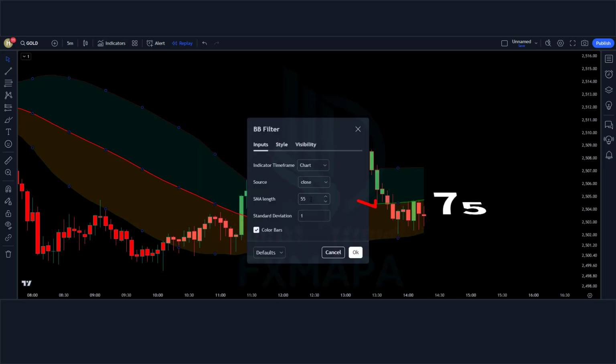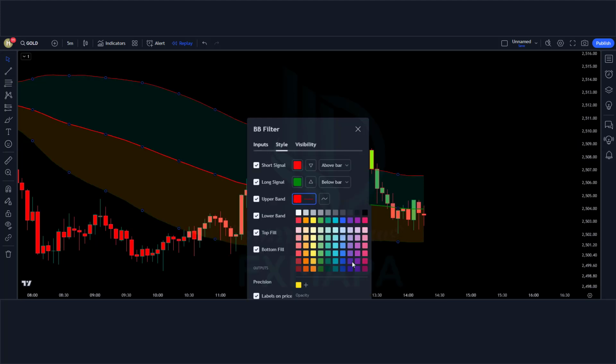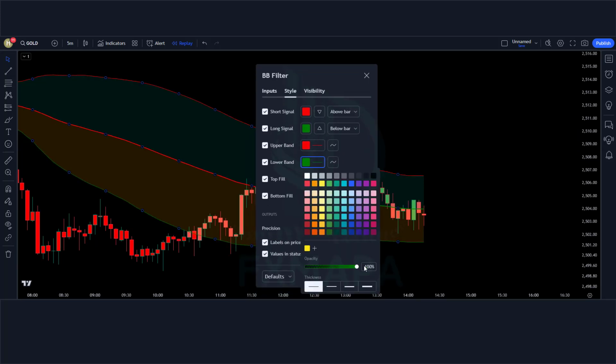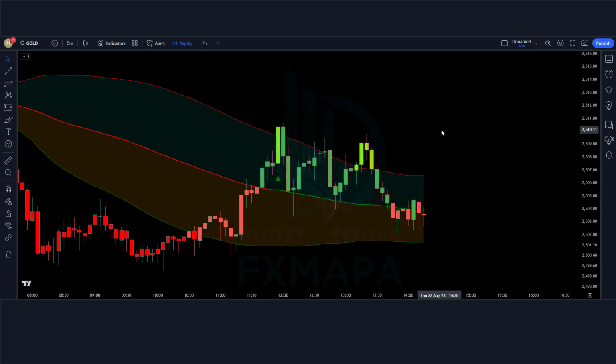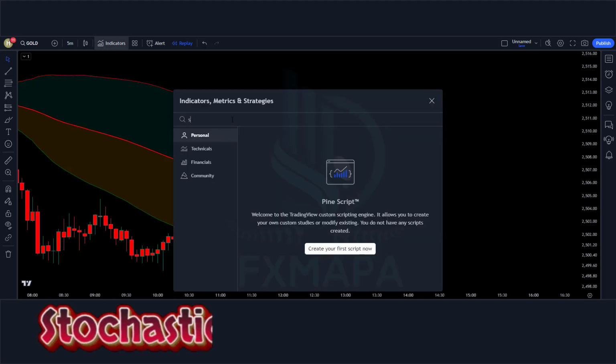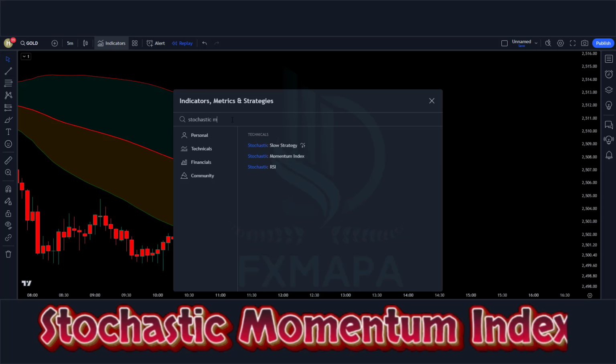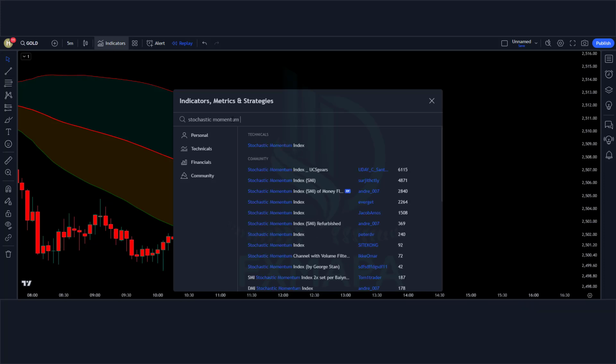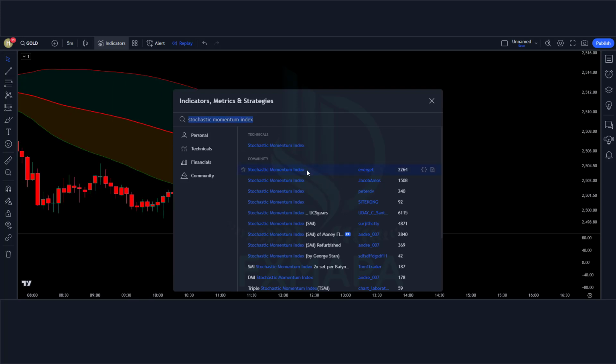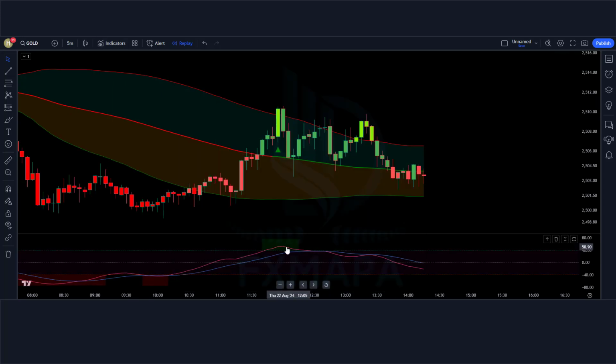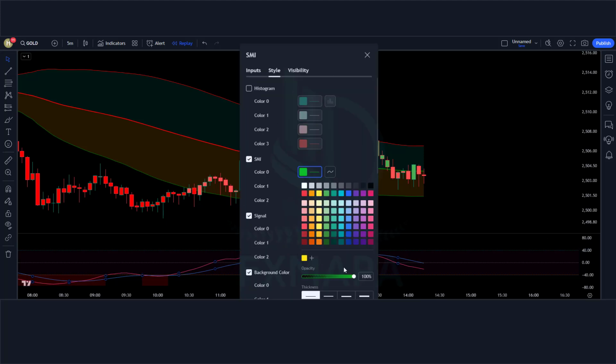Keep the indicator's settings as I have shown here. Second indicator name is Stochastic Momentum Index. Keep the indicator's settings as I have shown here.